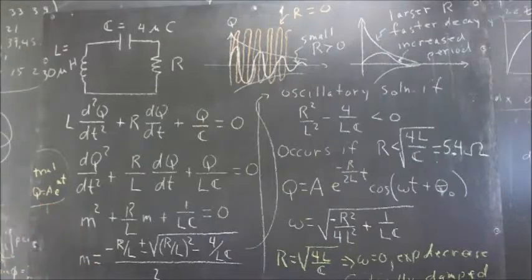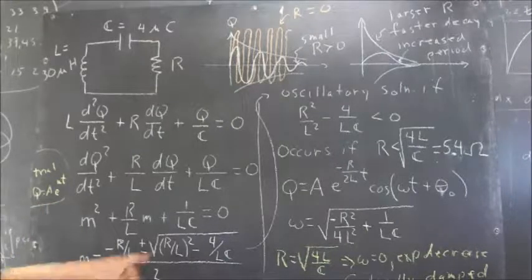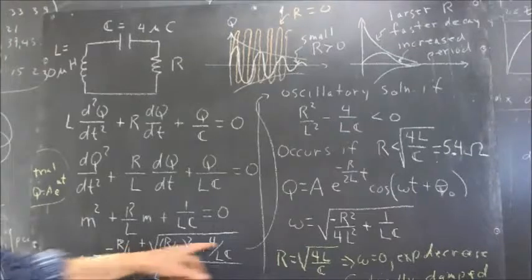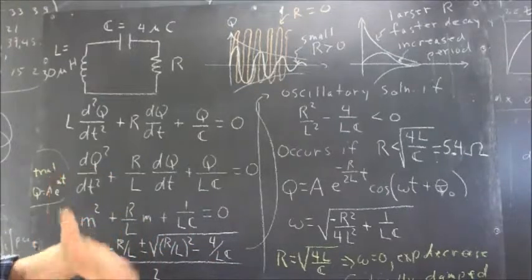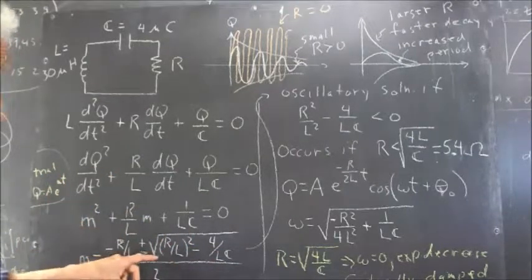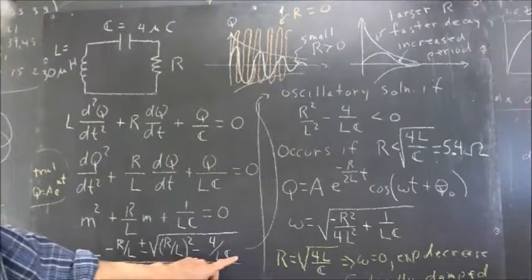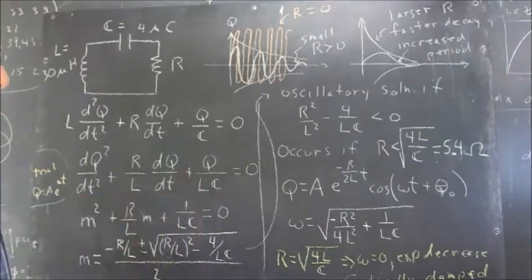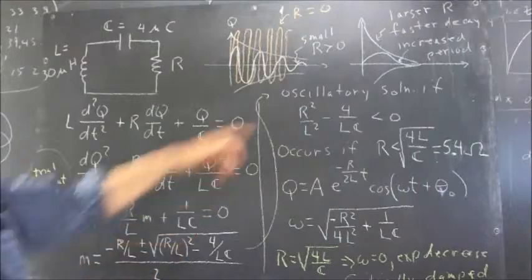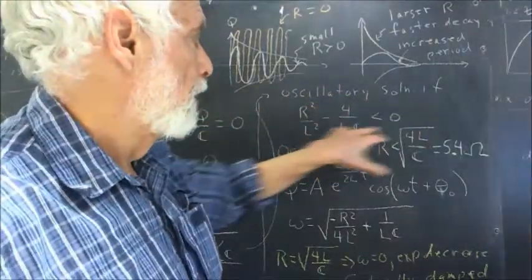Well, you're going to get an oscillatory solution if this square root comes out as imaginary. In other words, if the discriminant, the quantity under the square root sign, is negative. So we get an oscillatory solution if this is negative.